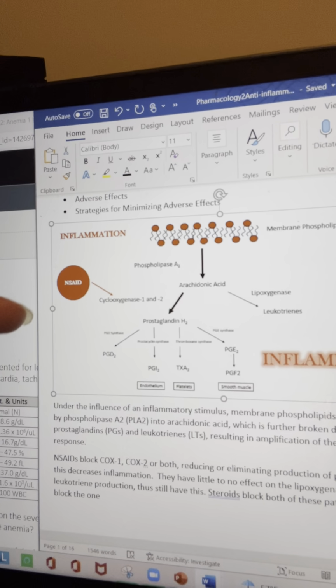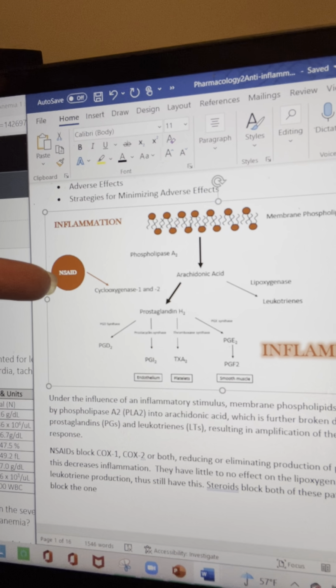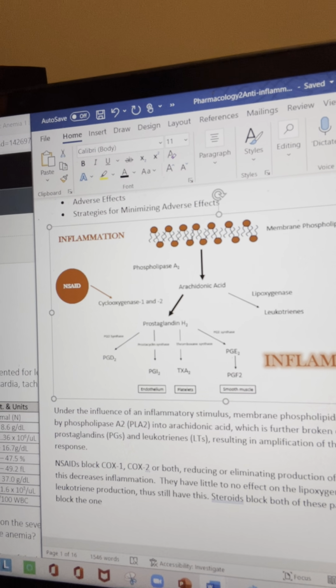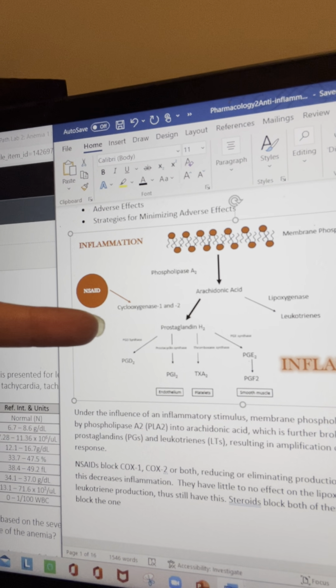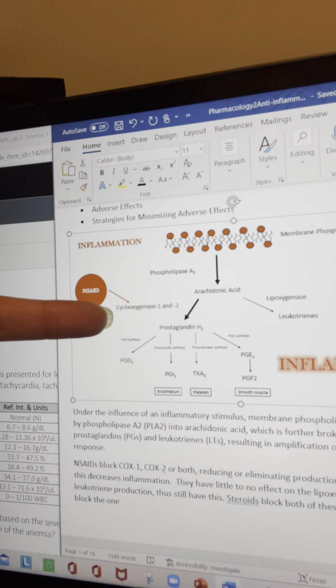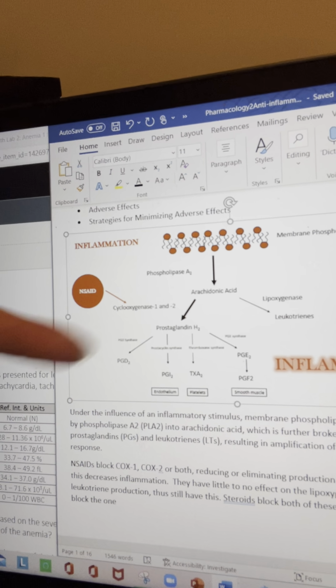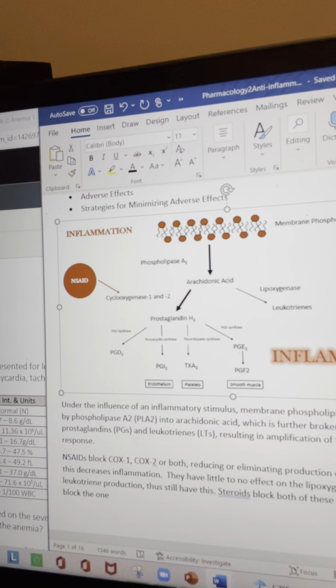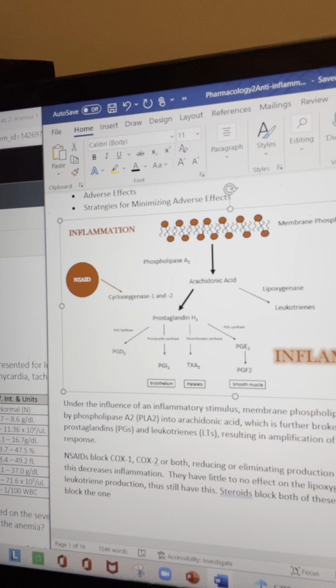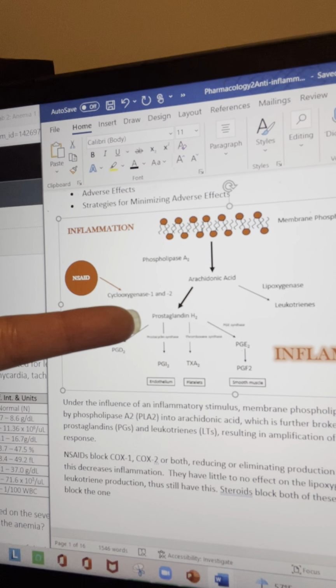However, if you are using an anti-inflammatory drug, so an NSAID, here, the NSAIDs are what block the COX-1 and COX-2, also known as the cyclooxygenase 1 and 2, or they block both, depending on what NSAID you are using. So you're reducing or eliminating the production of the prostaglandin H2 here.